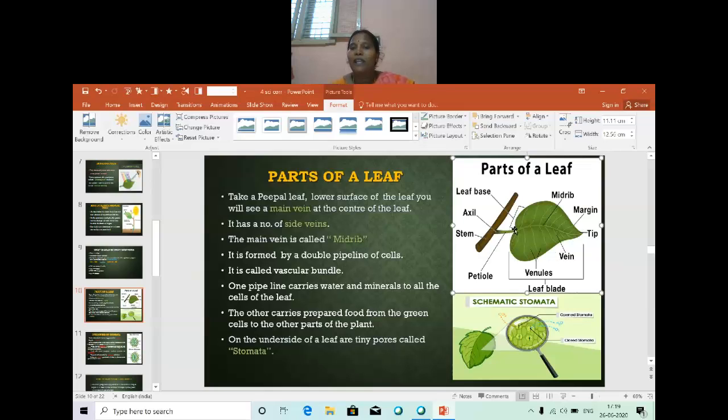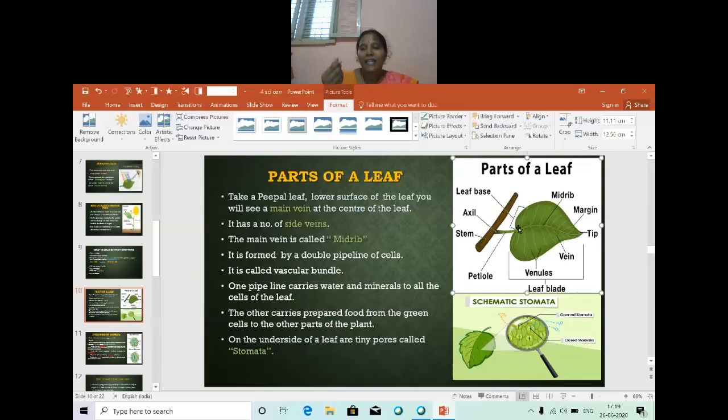In the same way, the starting point of the leaf is called the base. It is called the leaf base. This leaf looks very thin, that's why this part is called the leaf blade. Then this leaf has a small structure, which is called the petiole.